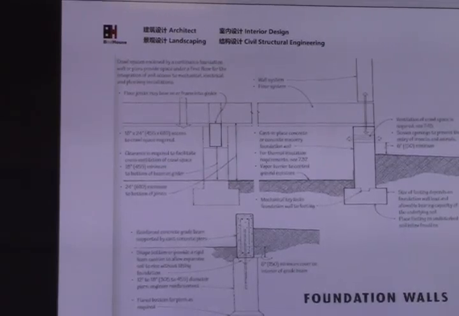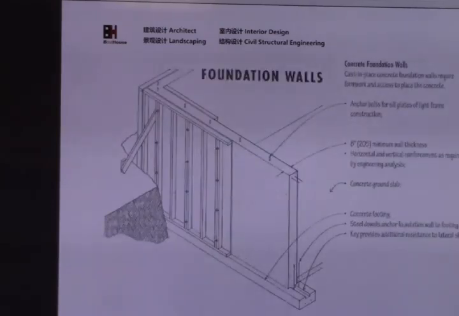So that one uses a concrete wall. It's not shallow, it's a middle. It's not the deeper foundation, but it's not the shallow foundation. It's a foundation wall, used for the crawl space. This is a common foundation wall. I think the builder should get familiar with this.